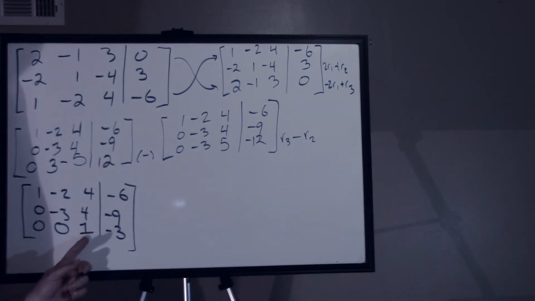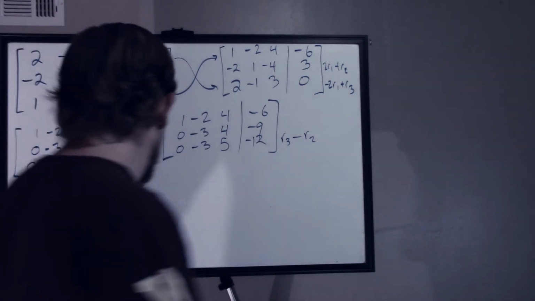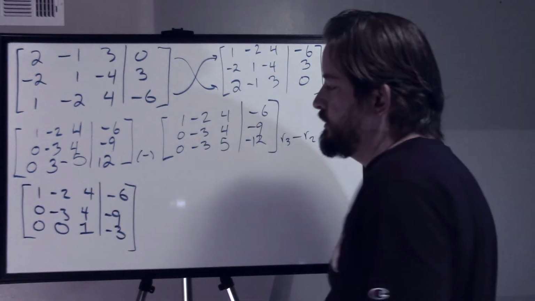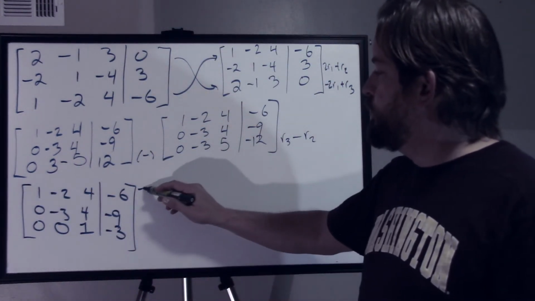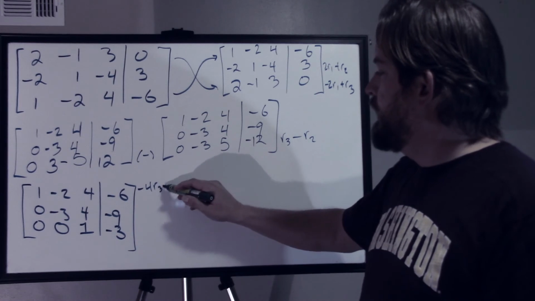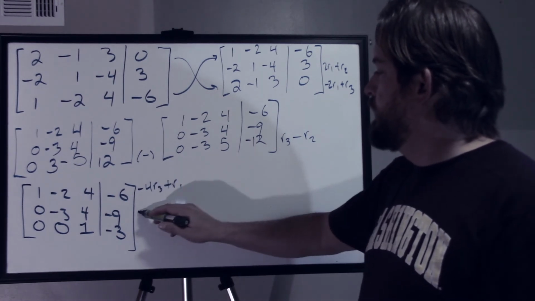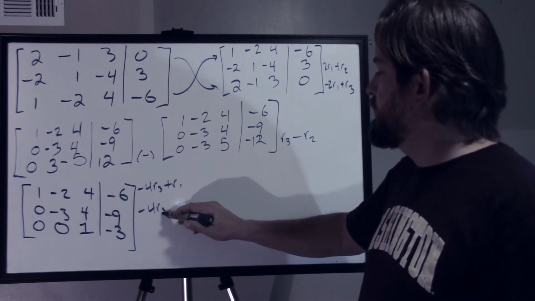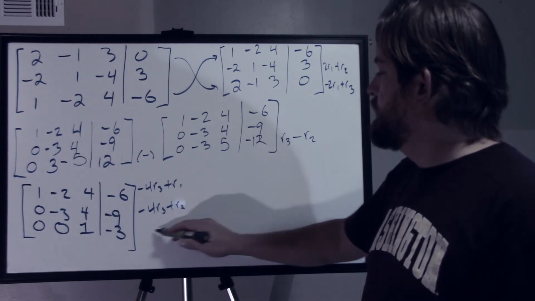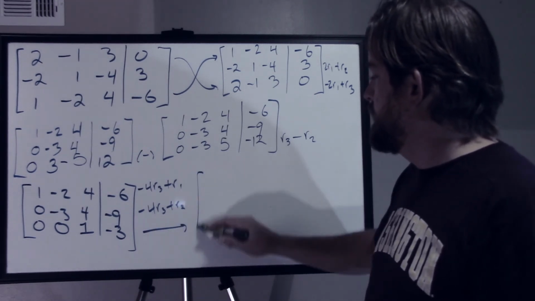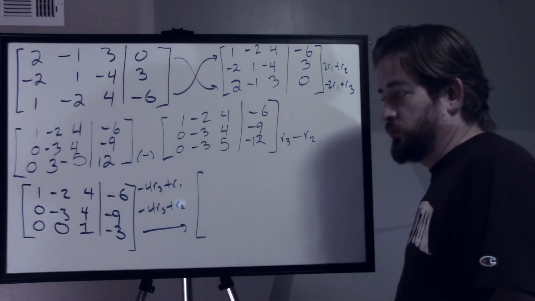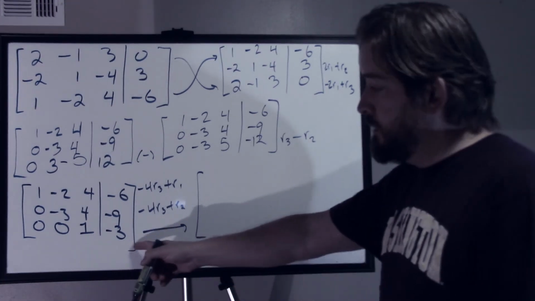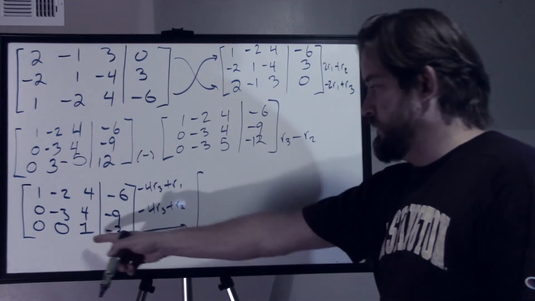Now that I got this 1, I'm going to use it to eliminate the rest of that column. So I'm going to take -4 row 3's and add it back into row 1. And again, -4 row 3's and add that back into row 2. So row 3, in fact row 3 is done because it's 0, 0, 1, so z is -3.